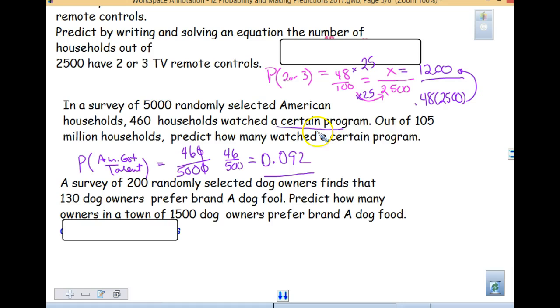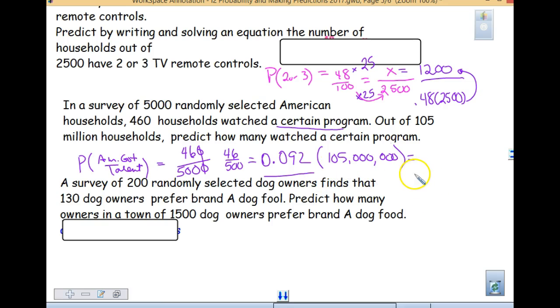If we now have 105 million, right? So we are going to take this decimal, just like here, we took 48% times 2,500. 105 million people to get our solution.